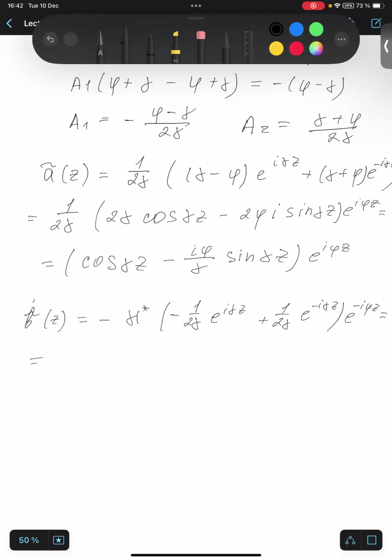And this is also easy to transform to a sine function. So it's just 2i sine gamma z in the exponent.